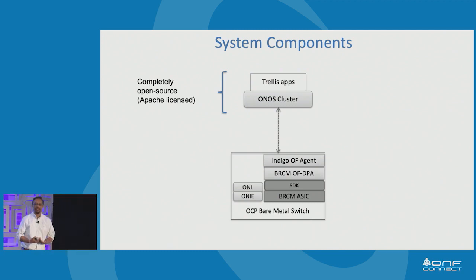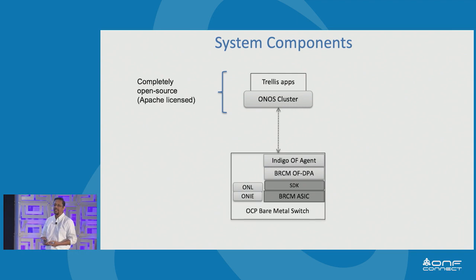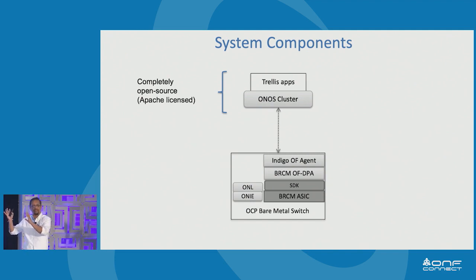So Trellis, everything that we have written is completely in open source. Every line of code that ONF writes is open source. And so when something goes into production, it's not as if there's extra stuff in what I've shown over here. There may be other applications that may be operator specific, but what we support is completely open source, and it's hardened, and it's production ready, okay?